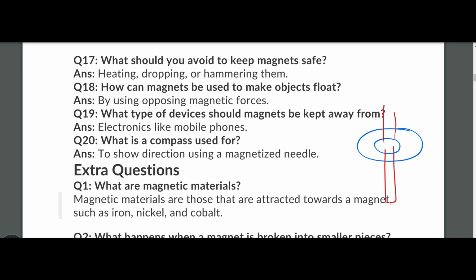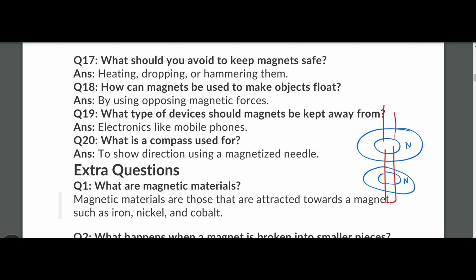Let us say one more ring magnet is there like this. When you place it like this, and let us assume both sides are facing the north side, then this north gets repulsed, and the upward magnet, it will go and fly up, right?